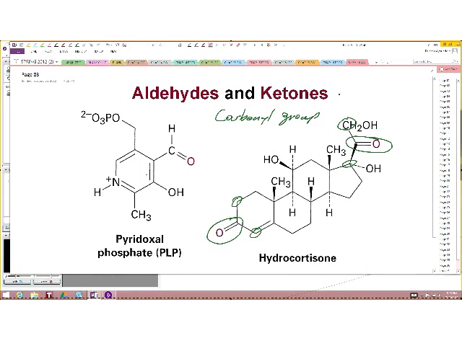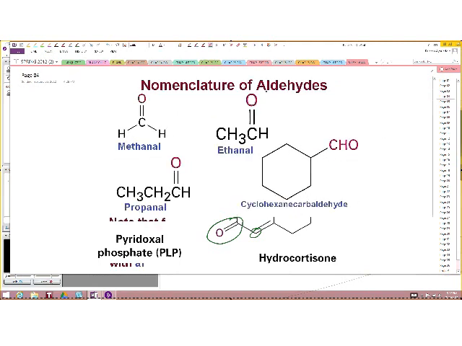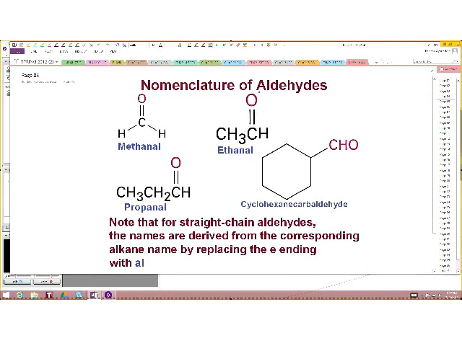Okay, so now let us begin our discussion of the nomenclature of aldehydes and ketones. We are starting here with aldehydes. The simplest aldehyde is this molecule here, which we commonly refer to as formaldehyde.